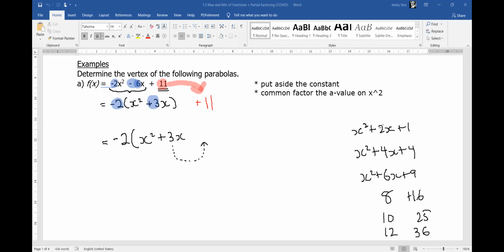Take 2, divided by 2, squared. 4 divided by 2, squared. 6 divided by 2, squared, 9. 8 divided by 2, squared, 16. 10 divided by 2, squared. If you want the perfect square trinomial, you take this number and you divide by 2 and square. So 1.5 squared, cheating, 2.25.